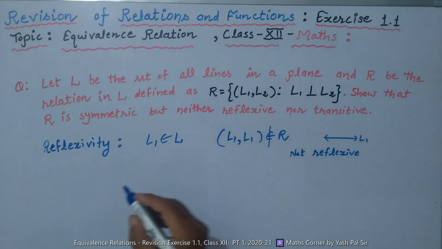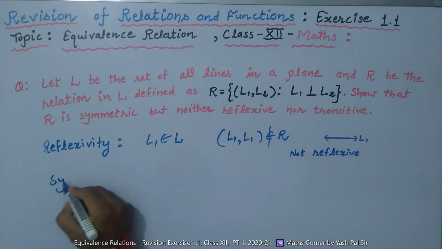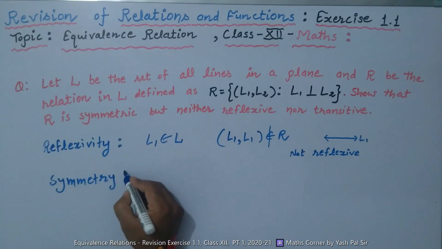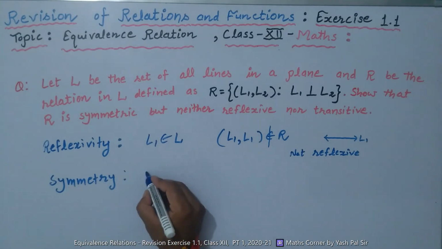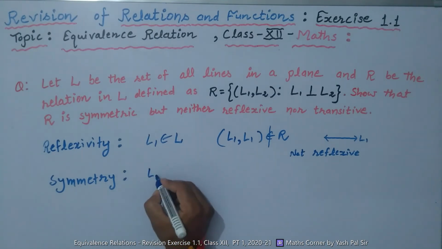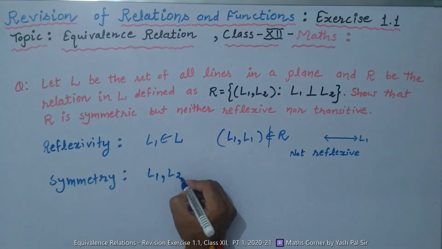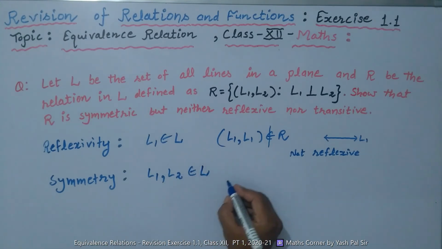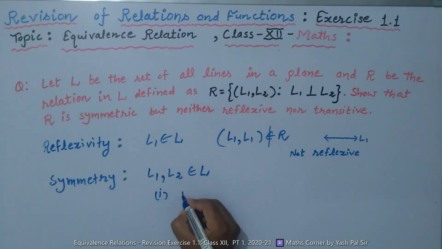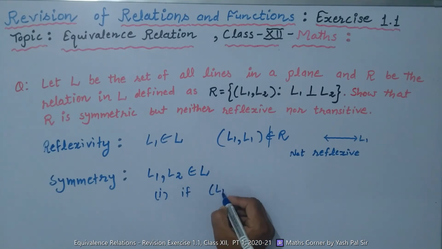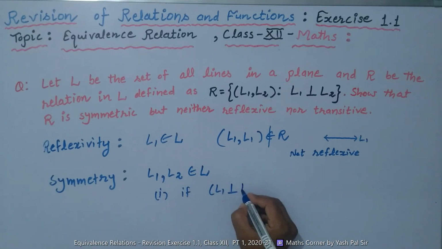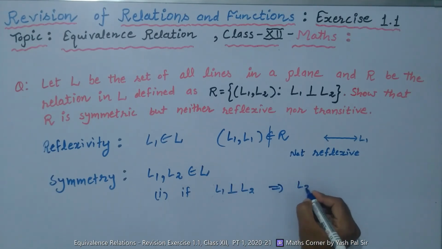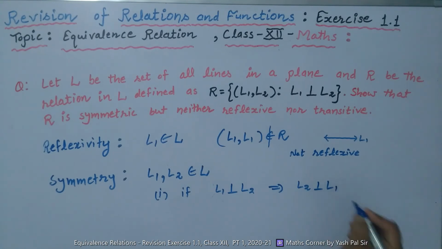Now second comes symmetry. First of all we take two lines. The first line is L1 and the second line is L2. Both belong to the set of all lines in the plane. Now if L1 is perpendicular to L2, obviously L2 is also perpendicular to L1.